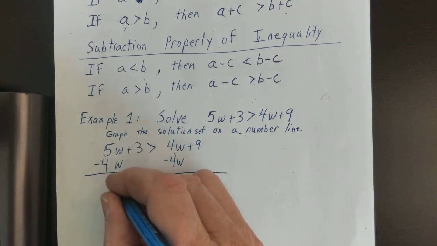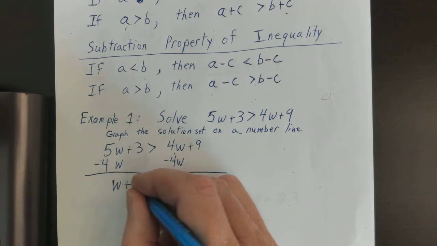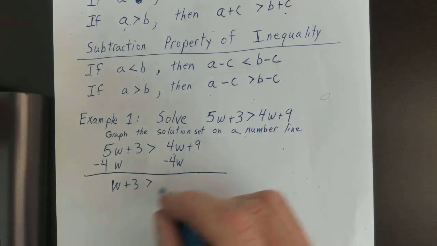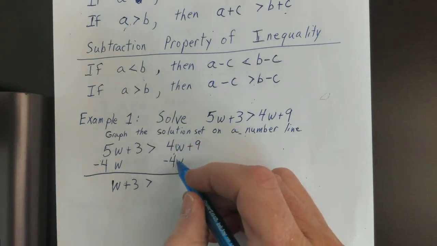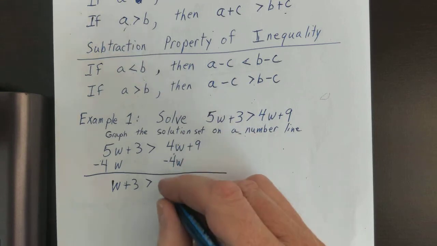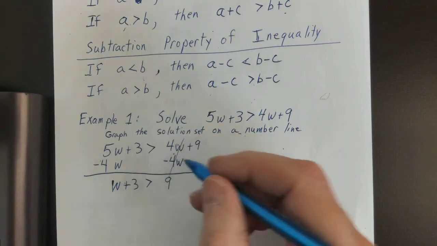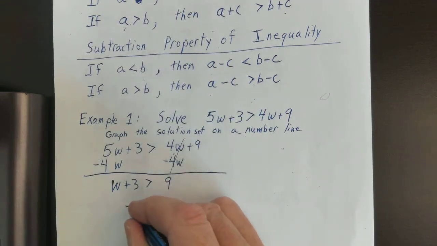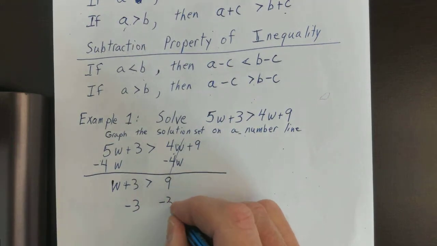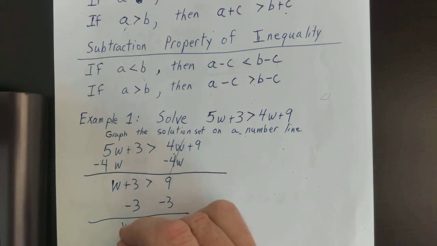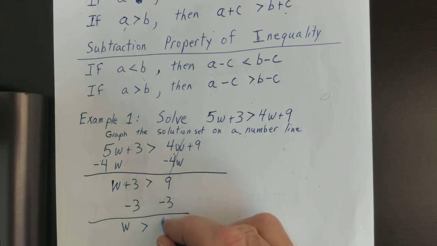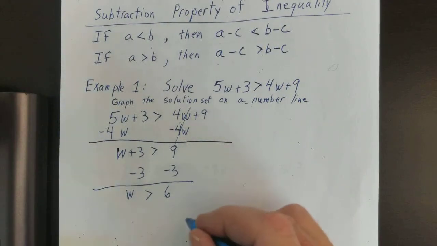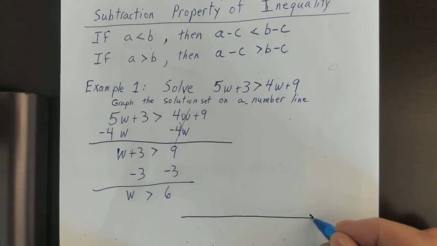And 5w minus 4w is w. And w plus 3 is greater than, and then 4w minus 4w is canceling out. That's why we did that. It's greater than 9. And then I'm going to subtract 3 from both sides, and I'll have w is greater than 6.